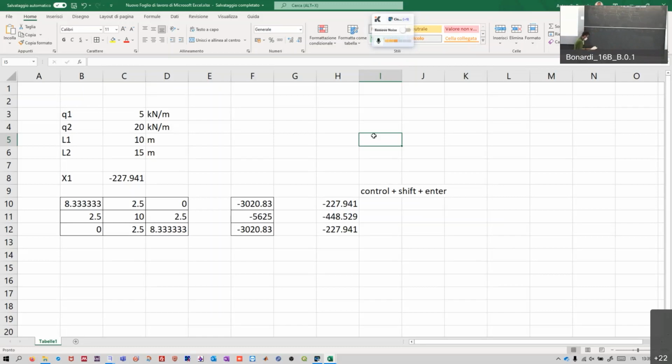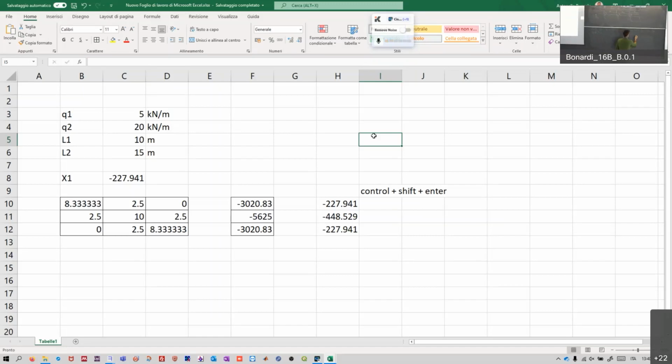Then, in the same way, we can find VI. It is just the moment with respect to the node G of the beam GI equal to 0. I don't write all this stuff because it's very easy.